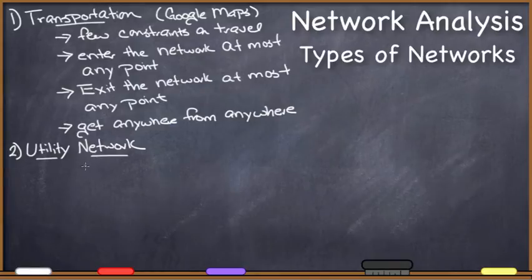So we can think of all different kinds of services, all different things that are delivered according to a network, but that has very different characteristics than the transportation network. Characteristic of utility networks is that they are highly directional.